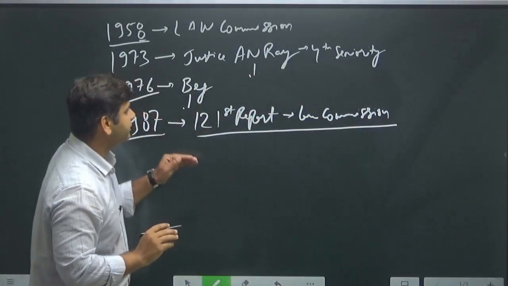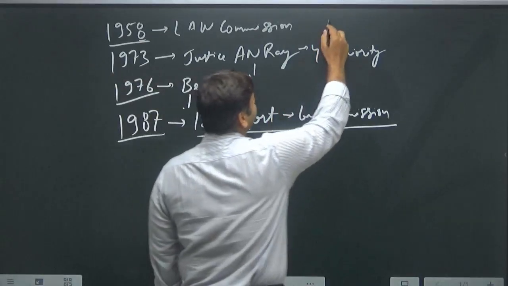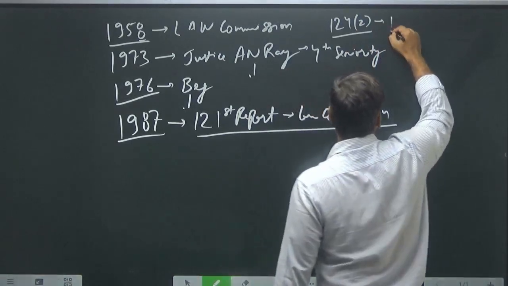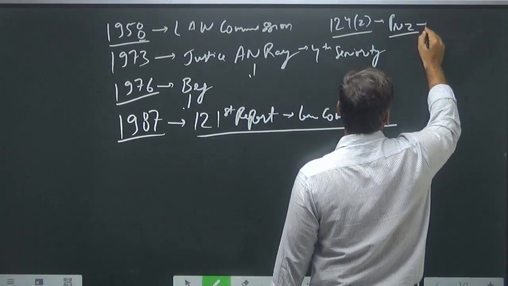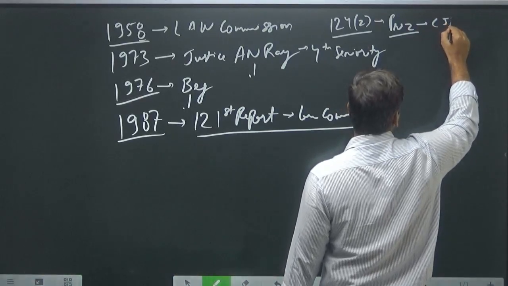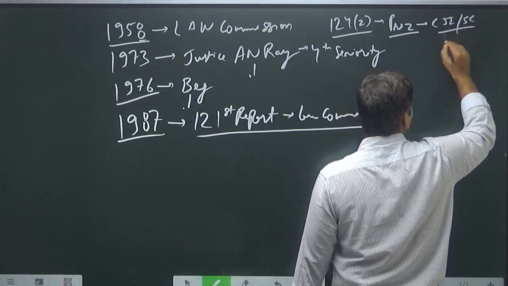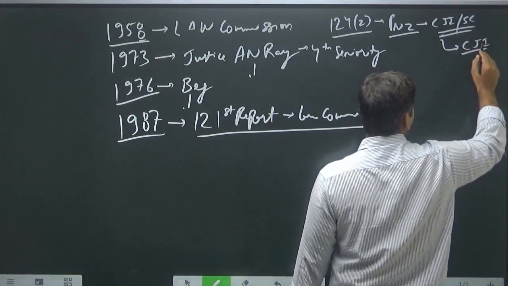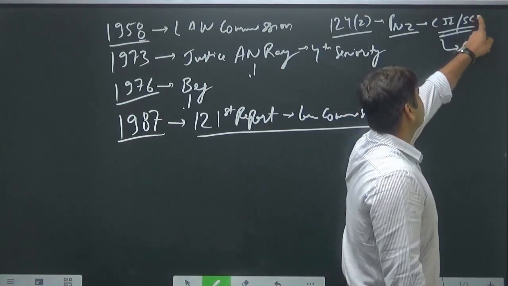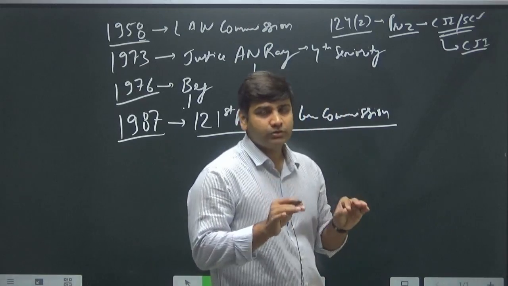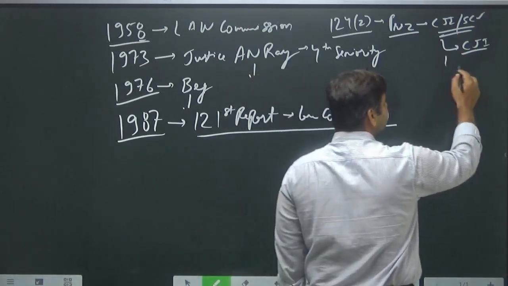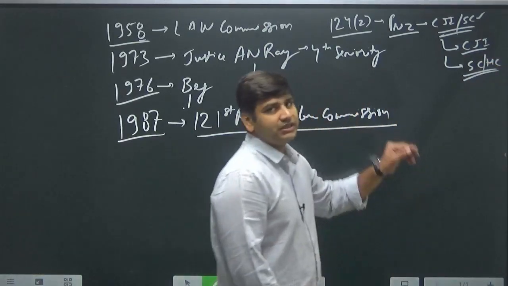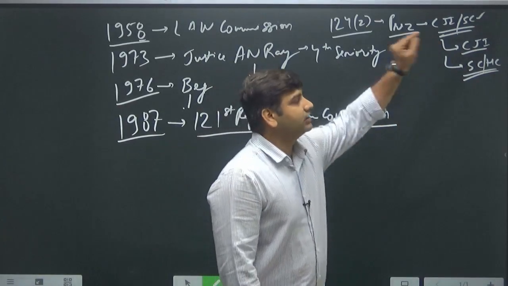Till now, no change has been done in Article 124 and its interpretation, which says that it is the President who appoints the Chief Justice of India and other Supreme Court judges, and it is done on the consultation of the Chief Justice of India. If he has to appoint a Supreme Court judge, then the Chief Justice of India should be consulted, and other judges of the Supreme Court and High Court which he deems necessary must be consulted before appointing the Supreme Court judge.